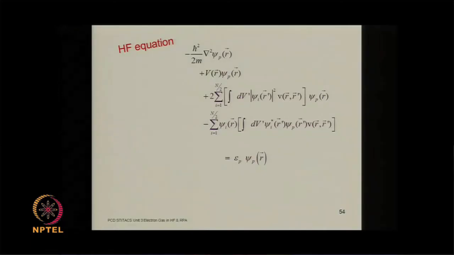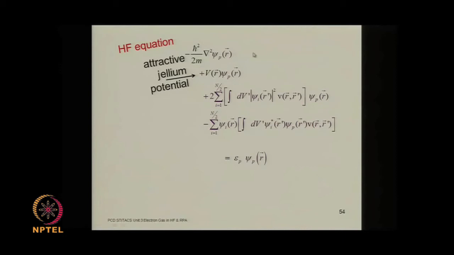And that is what is represented by the potential V of R. So, it is an attractive potential because it is generated by the positively charged nuclear lattice, but it is not located at the nuclear sites, at the lattice sites, but it is smeared over the entire space. And then the other thing we know about it is that it is uniform. So, this is the attractive jellium potential, this V(R) psi(R). Okay, this is the attractive jellium potential.